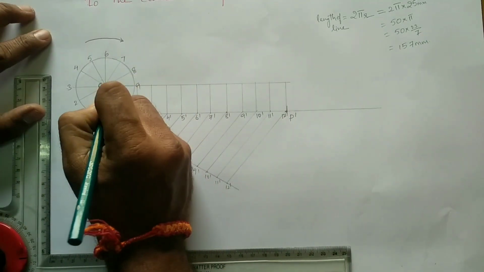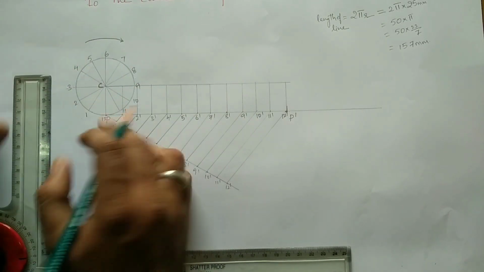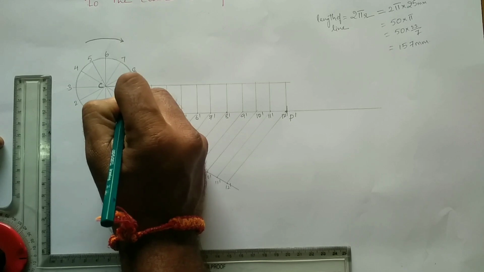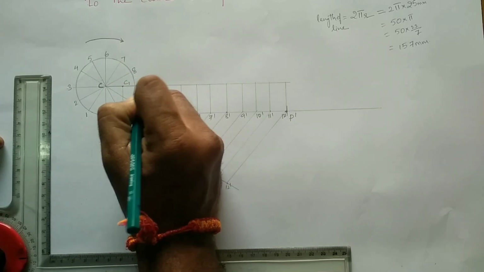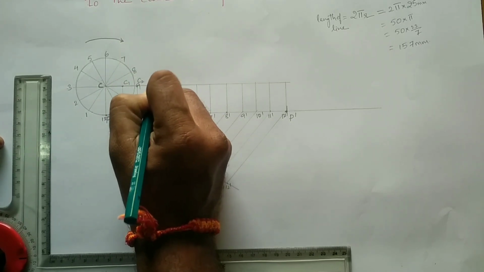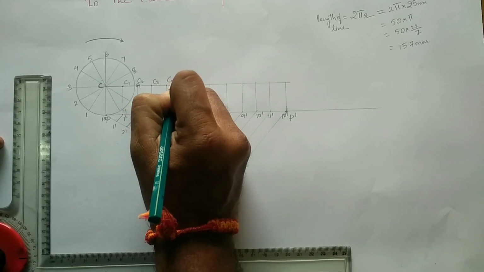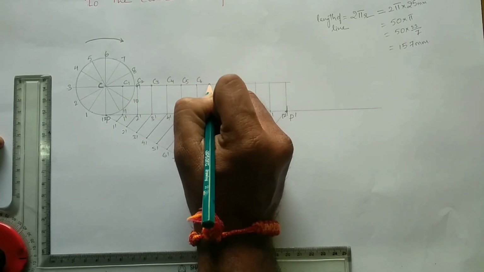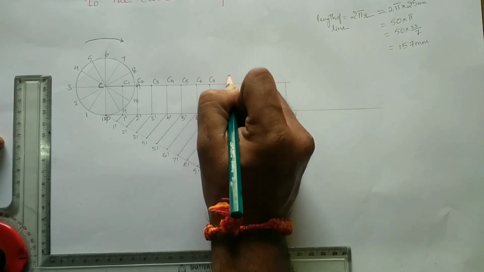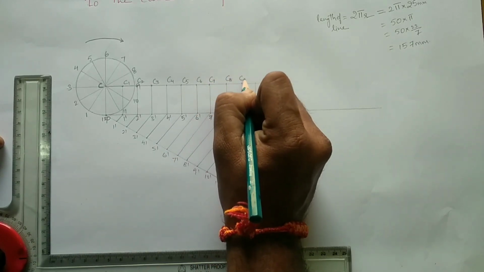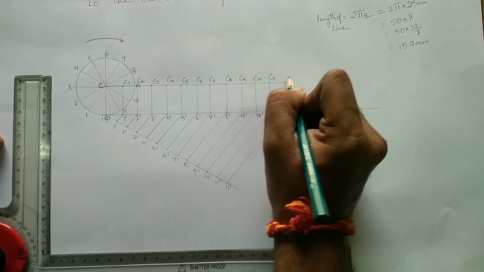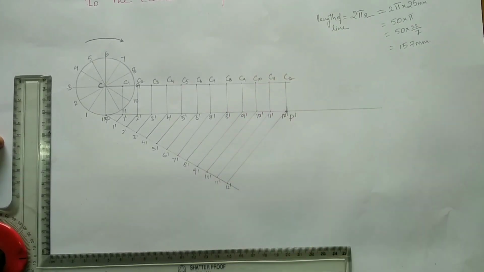Now mark these points. As this is the center C, the one from 1 dash, wherever the center line is touched here, this is C1, this point is C2, C3, C4, C5, C6, C7, C8, C9, C10, C11, C12.